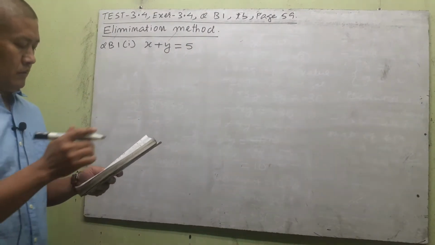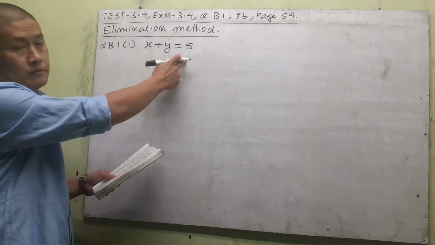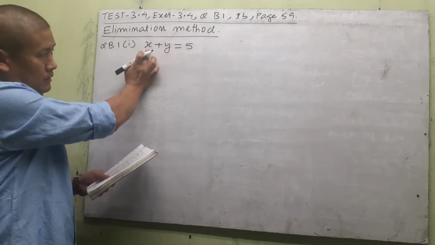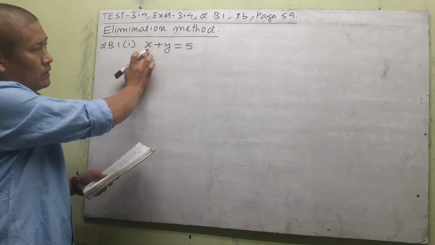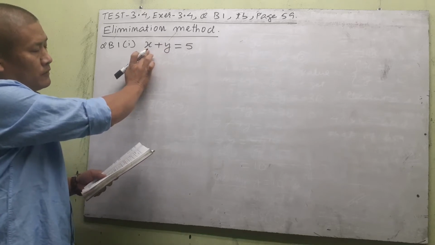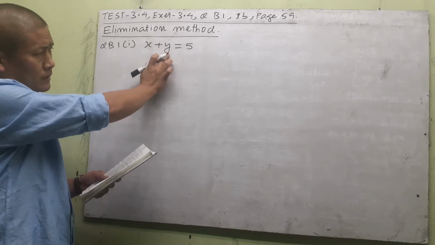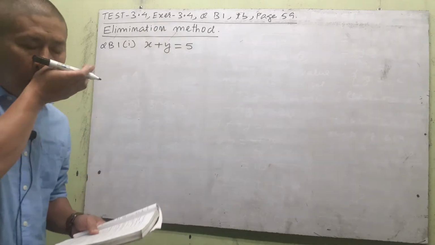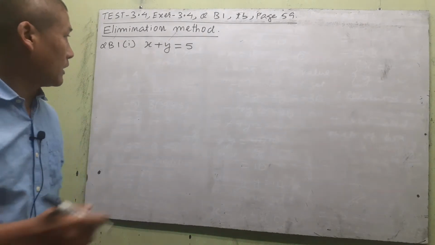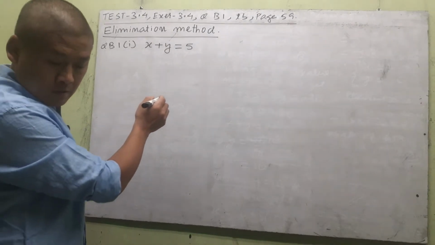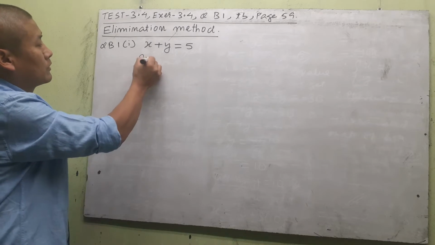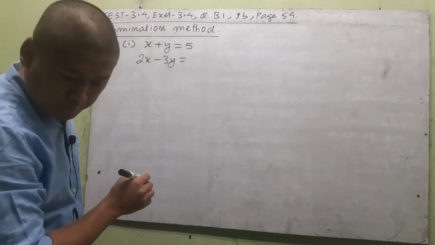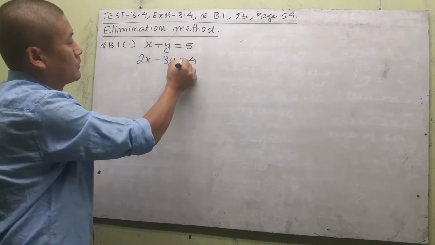Even though there is no hard and fast rule, let us keep it this way: the term containing the x variable in the first place and y in the second place, and then the constant number on the right side of the equal sign. The next one, 2x minus 3y is equal to 4.